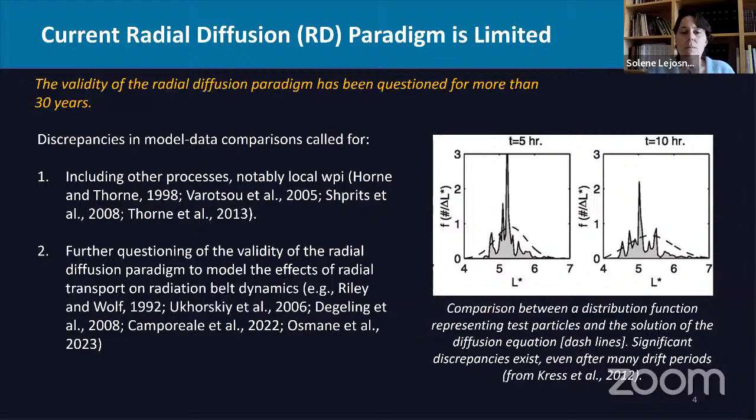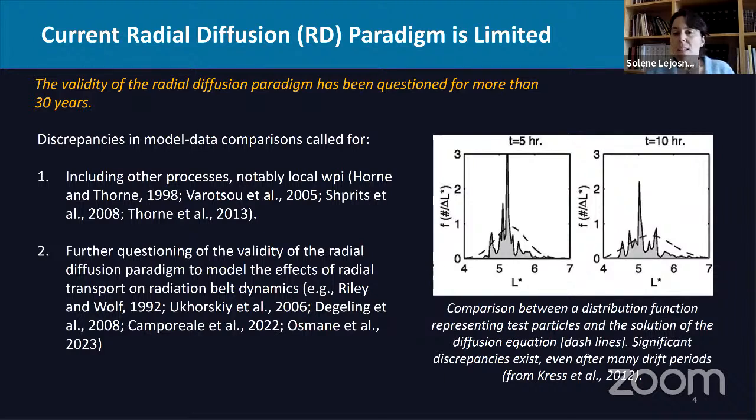So I note several works there, and what I want to show, so the works go from the 90s to a work published last week by Adnan Osman. So it's really a topic that is not new. The questioning of the radial diffusion paradigm is more than 30 years old.